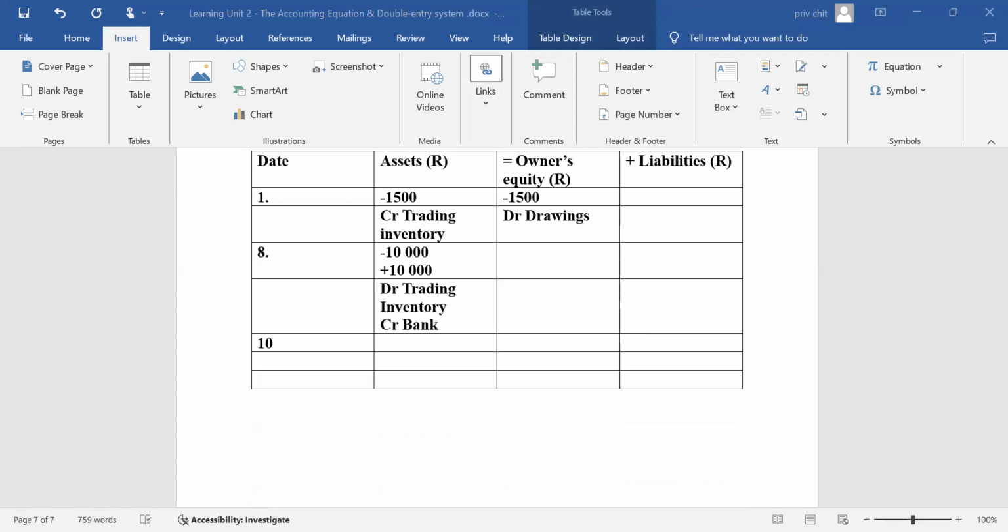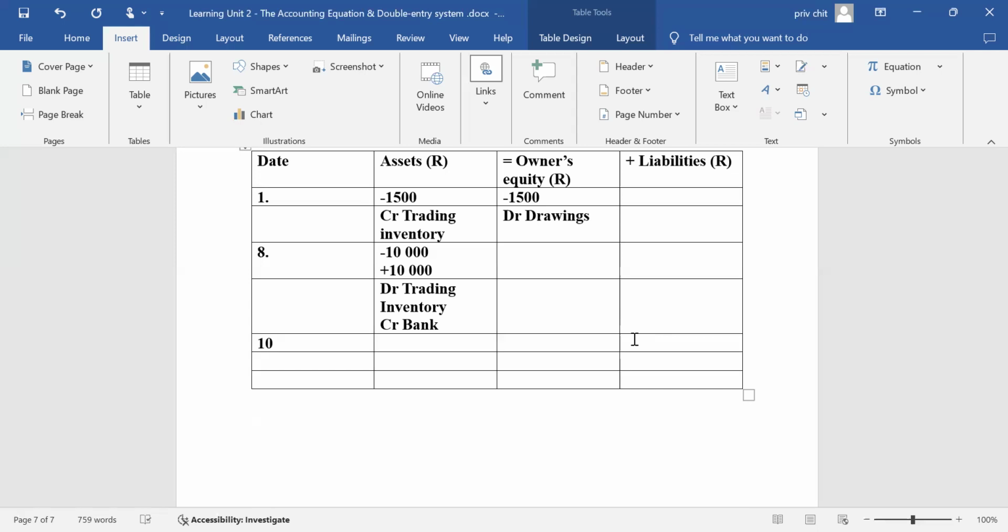Purchased an office computer, computer equipment, on credit from Incredible Computers, which is 5,200. Okay. We purchased an office computer, right? On credit. Now, the moment you see credit, what do you think will happen to liabilities there? We are buying on credit.